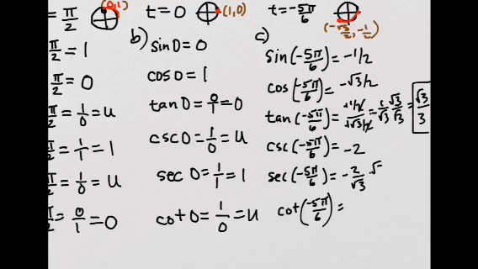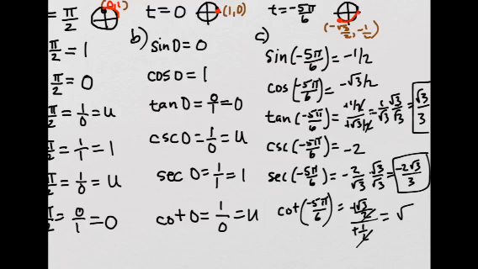You rationalize this one also like you did for tangent, and you get negative 2 radical 3 over 3. That would be the answer for secant. Cotangent is x over y. So x over y is negative radical 3 over 2 over negative 1/2. Again, the 2's reduce, the negatives become positive, and you're left with radical 3.